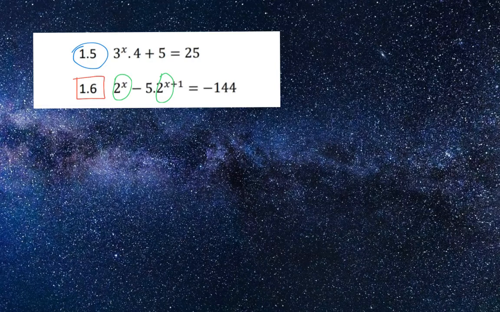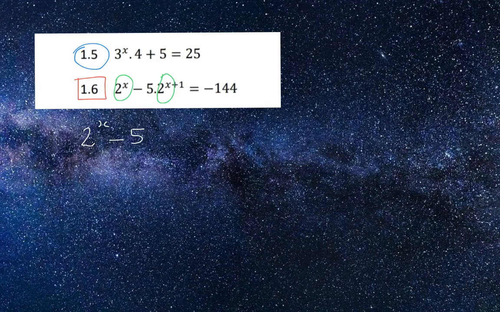So the best for us is to rewrite all the powers as single powers. So I will have 2 to the x minus 5 times 2 to the x times 2 to the 1, equals minus 144.